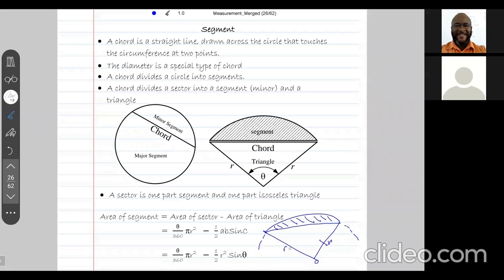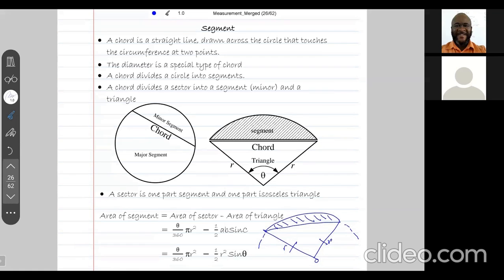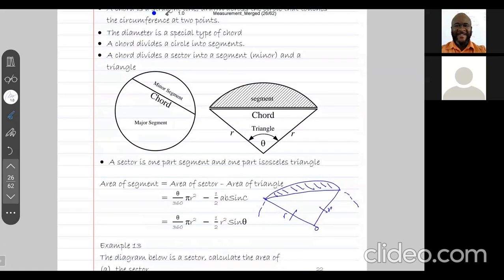Because this side is radius, this side is radius, and if you have a triangle in which at least 2 of the sides are equal, that triangle is called an isosceles triangle. Stay with me. So in other words, the sector is 1 part segment and 1 part isosceles triangle.